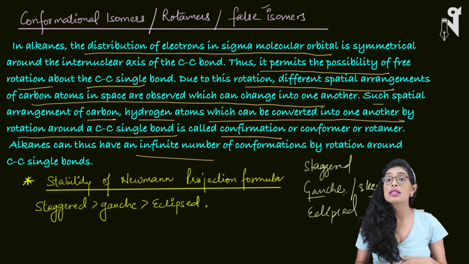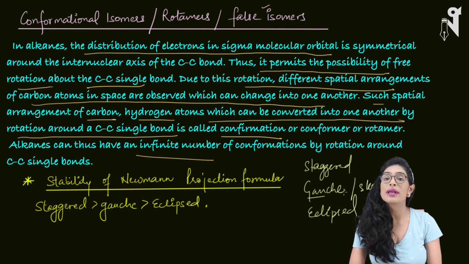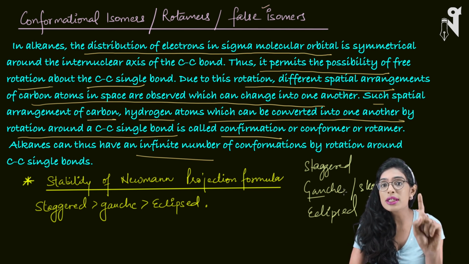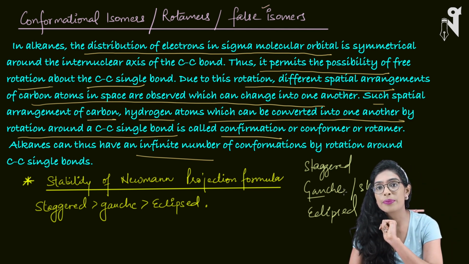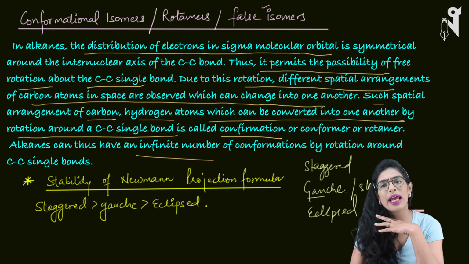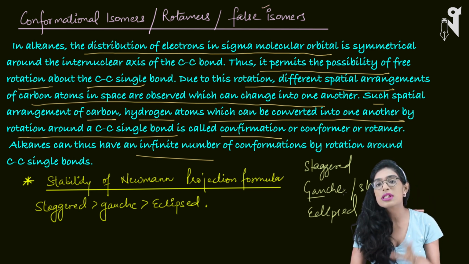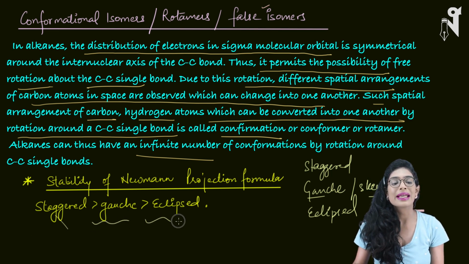Why? Because eclipsed loses energy of 3 kilojoules per mole and then forms staggered. So in the staggered the energy is lesser, and in the eclipsed the energy is more, right? Staggered, in general, no matter whether you talk about ethane or any alkane, is the most stable conformation. Then comes gauche and then comes eclipsed.